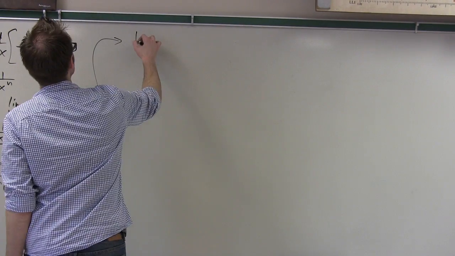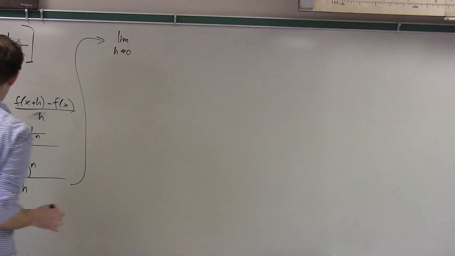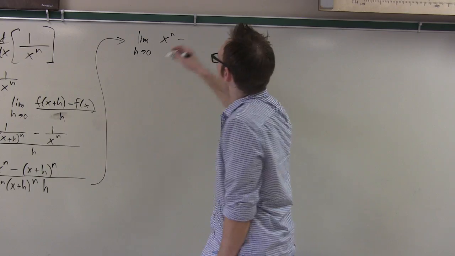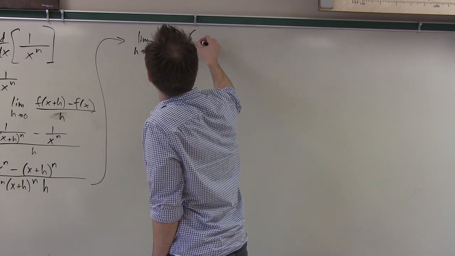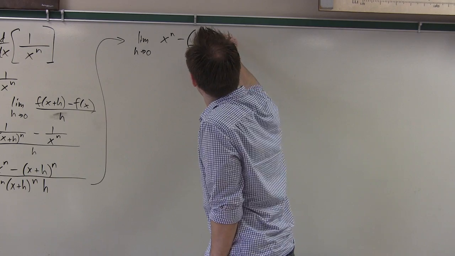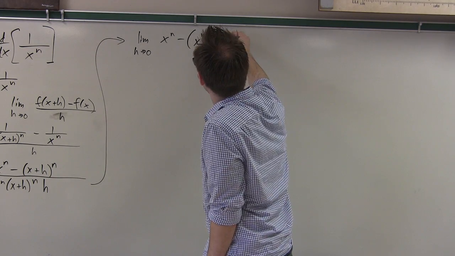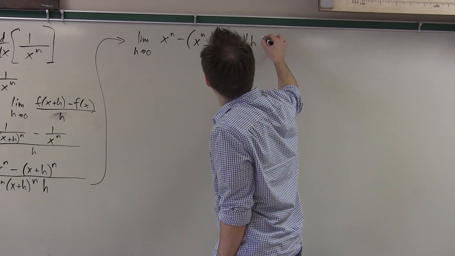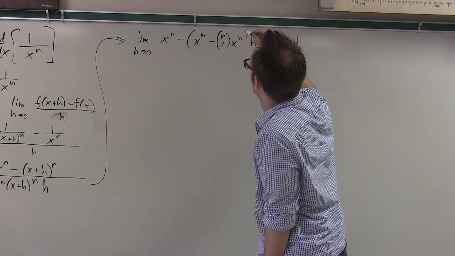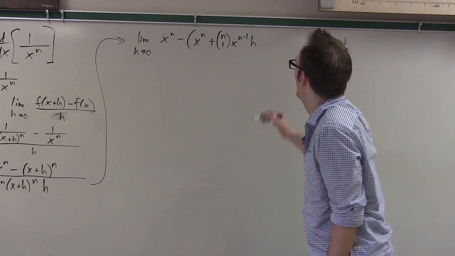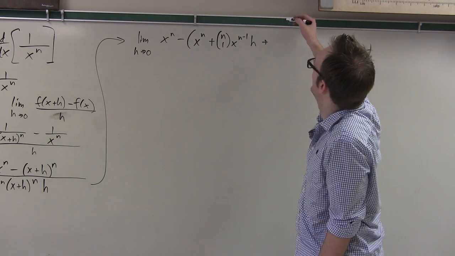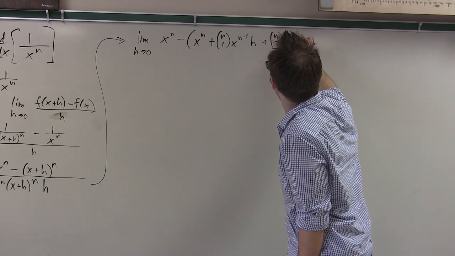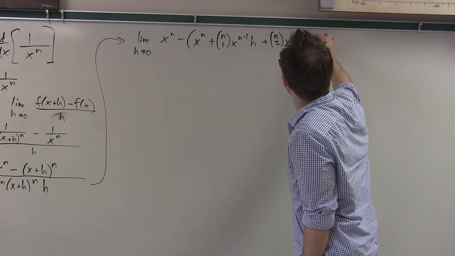So this becomes the limit as h goes to 0 of, well, we did this last class, so it should look kind of familiar. x plus h to the n is just going to be x to the n plus n choose 1, x to the n minus 1 h, sorry, that should be a plus, plus n choose 2, x to the n minus 2, h squared.